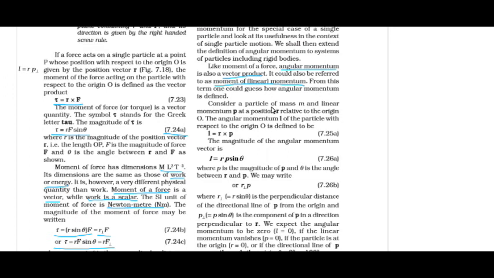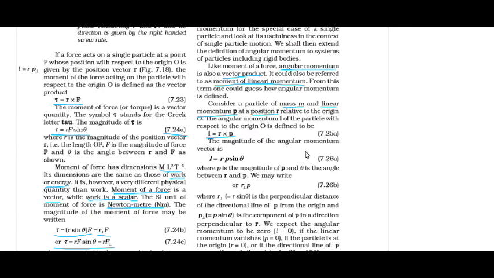Consider a particle of mass m and linear momentum p at a position r relative to origin O. The angular momentum L of the particle with respect to origin O is defined as L is equal to r cross p.